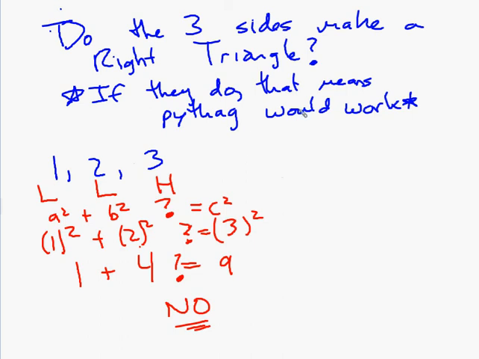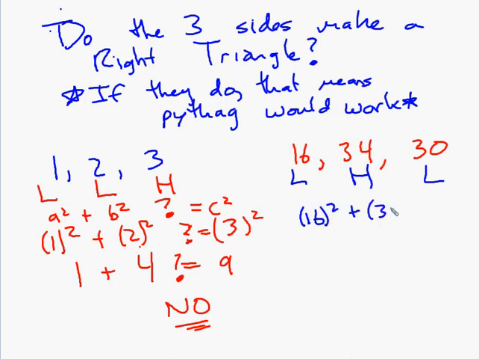Okay, maybe I'd give you 16, 34, and 30. Okay, so looking at these numbers now, I need to be careful. Which of these 3 numbers is the hypotenuse? 34. The 34 is the hypotenuse, which means 16 and 30 are the legs. So I'm asking, is 16 squared plus 30 squared equal to 34 squared?